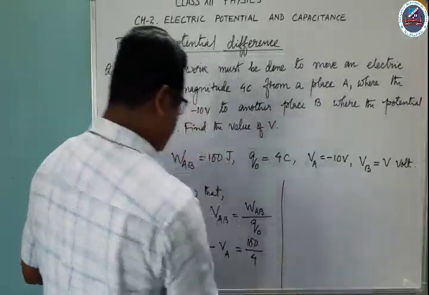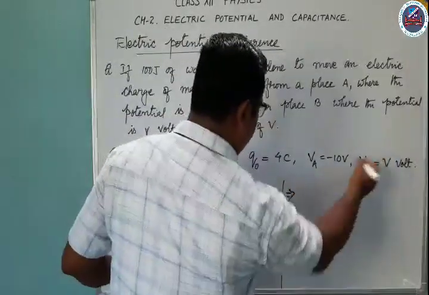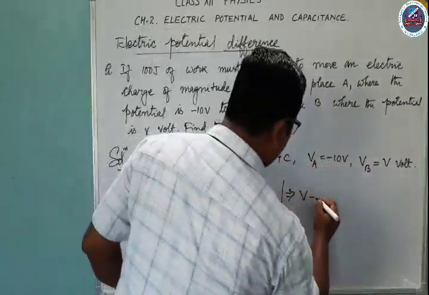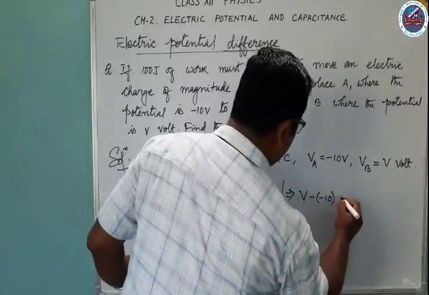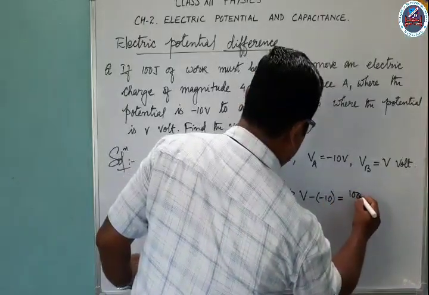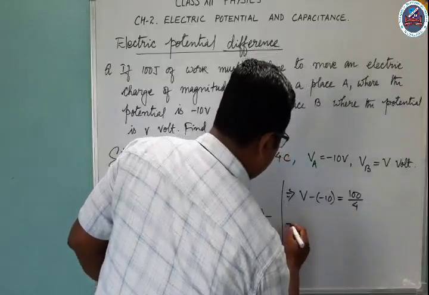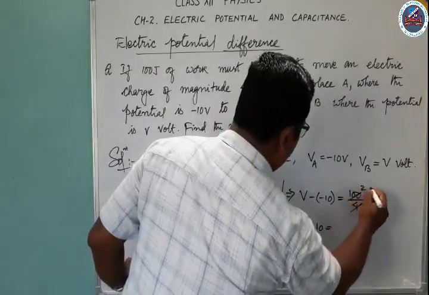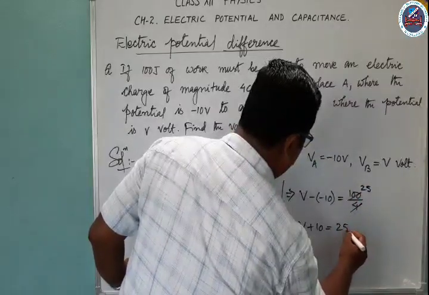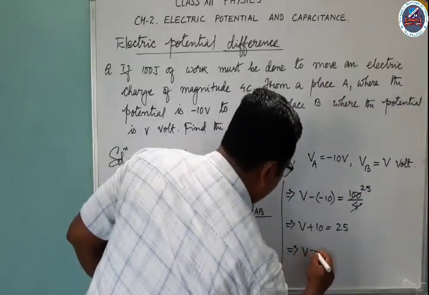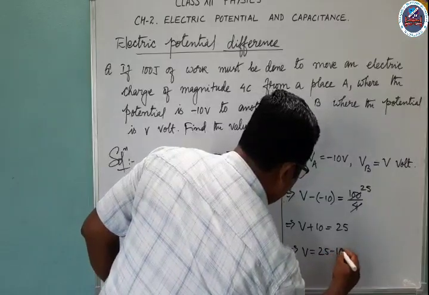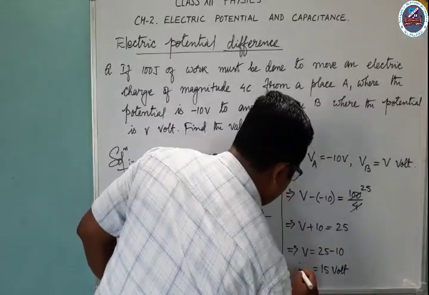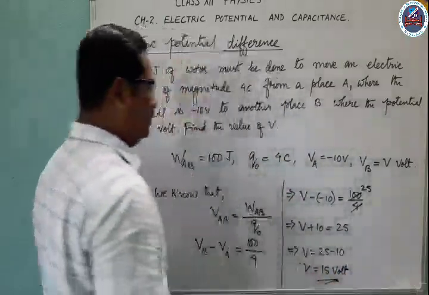Then put the values. V_B is V volt minus V_A is minus 10 volt, so V minus (minus 10) is equal to 100 divided by 4. So it will give you V plus 10 equal to 25, since 4 fives are 20 and 4 twos are 8. So V is equal to 25 minus 10, which gives you 15 volt. So the value of V is 15 volt.